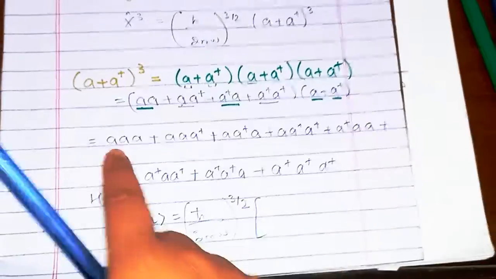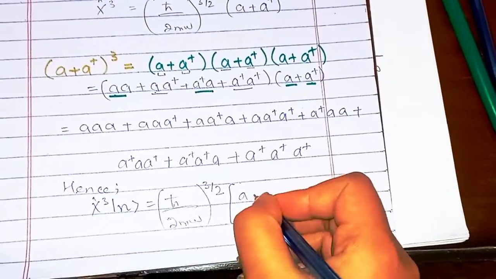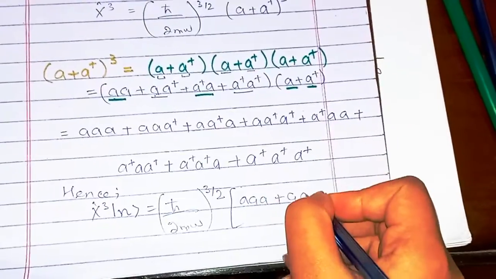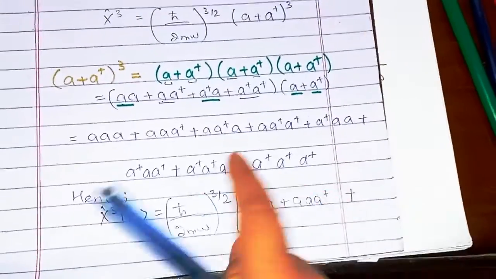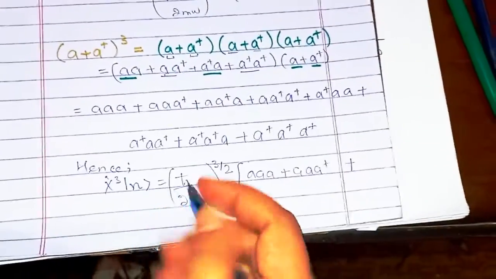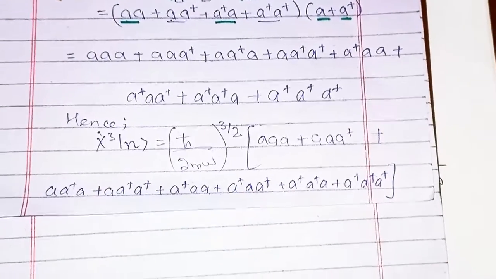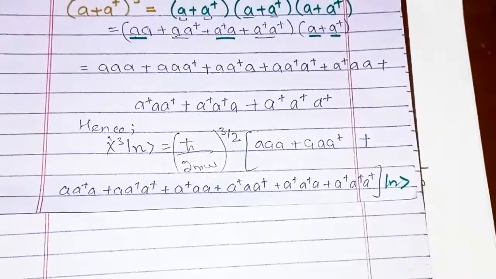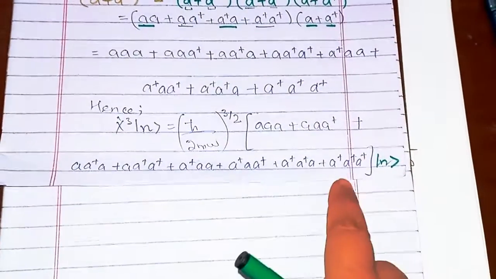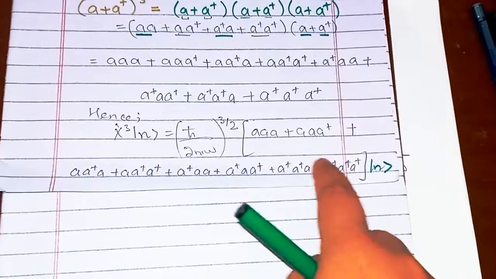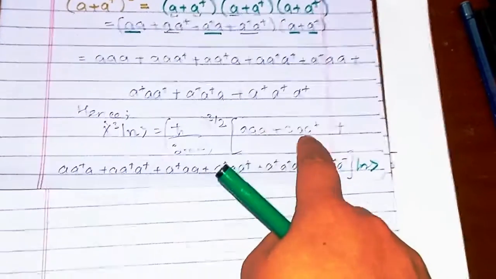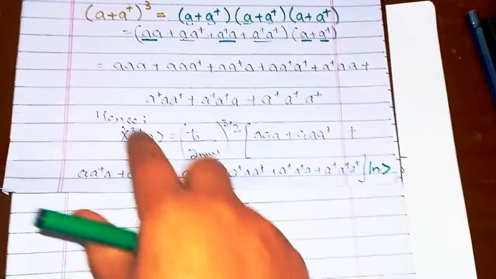Then we can write all of these operators in a bracket, all of these values. Okay, let me write it. I have written all of these values in this bracket, and at the end we'll have that ket on the right hand side. Next we have to multiply this ket inside, so that this ket will appear on the right hand side of each of these operators, and let's do that in the next step.